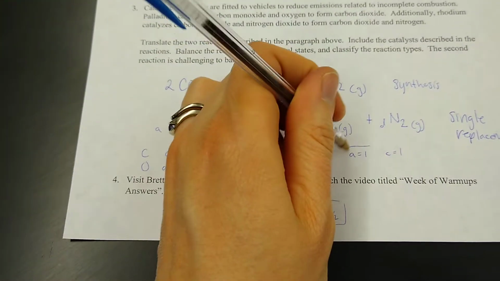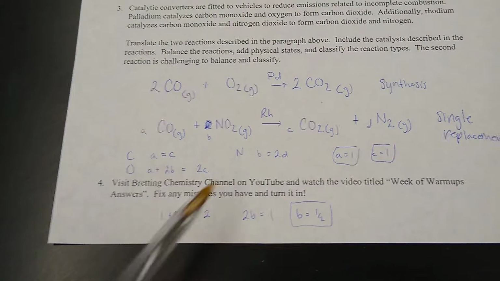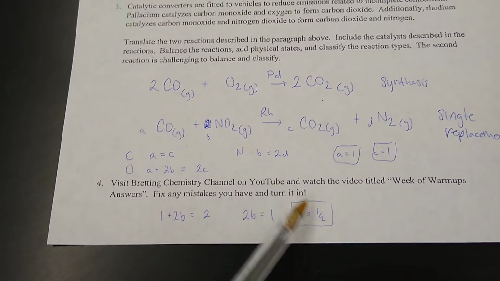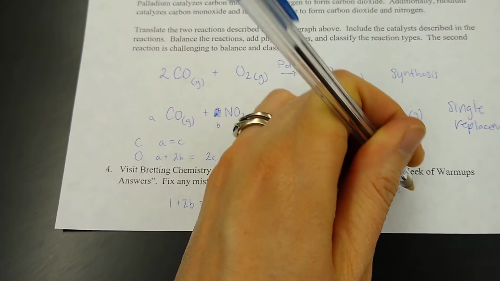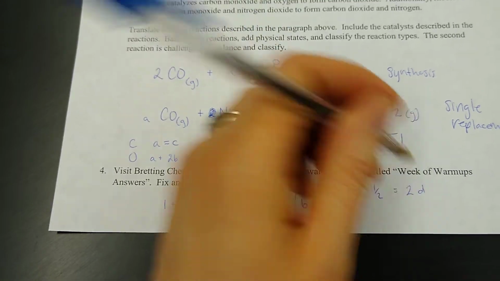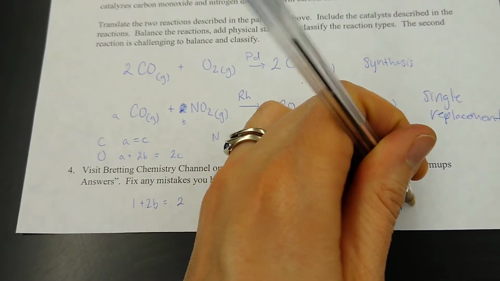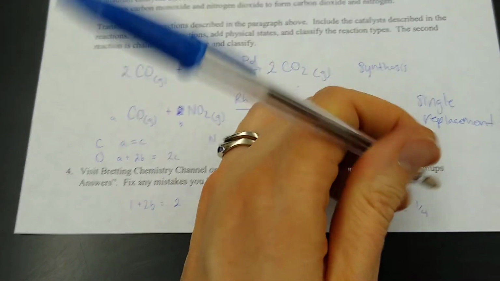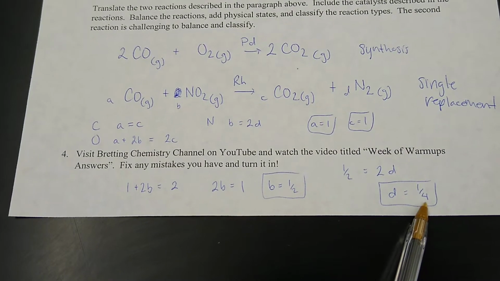Okay, so I've got 3 of my 4 variables here. And then B equals 2 times D, right? So 1/2 equals double D, right? So if we divide both sides by 2 there, we're going to get D equals 1/4. Or if you're a decimal person, this is going to be 0.5, this is going to be 0.25.